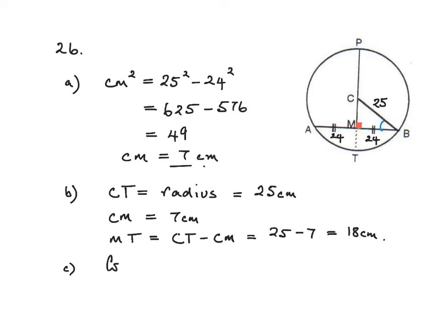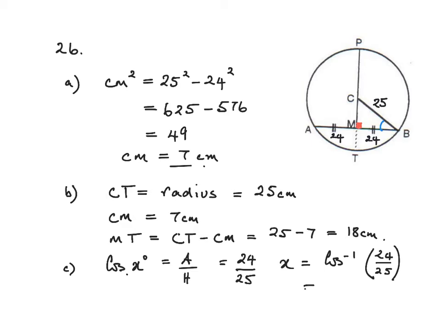So cos of x equals adjacent over hypotenuse, and that's 24 over 25. Now, trying to calculate the angle, we must use the shift button. So it's cos to the minus 1 of 24 over 25, and that equals 16.26 degrees.